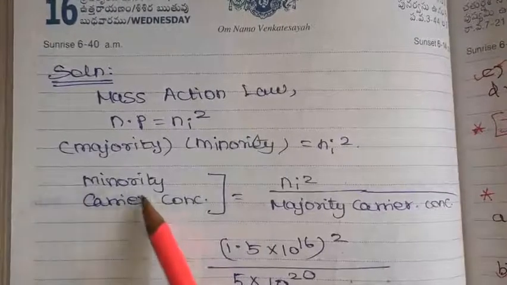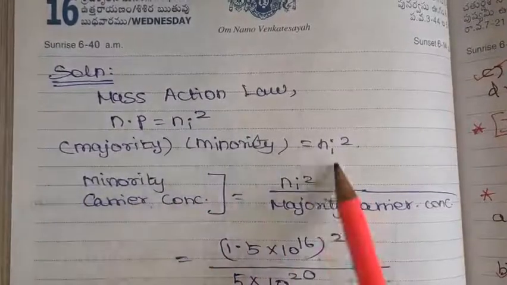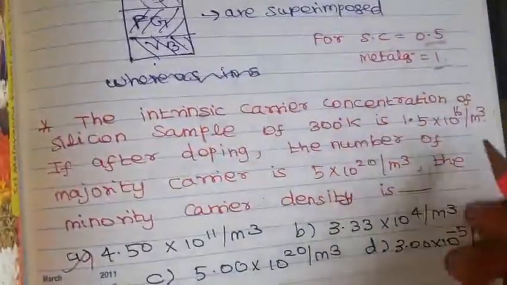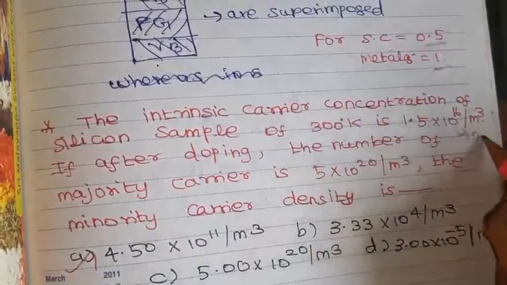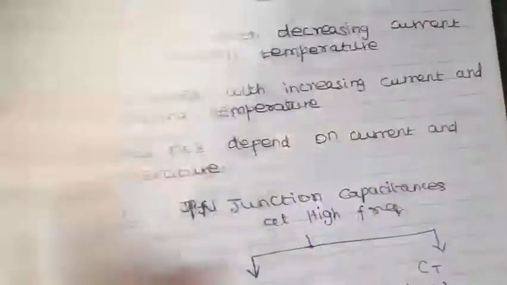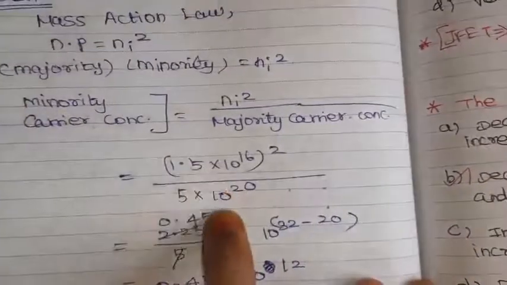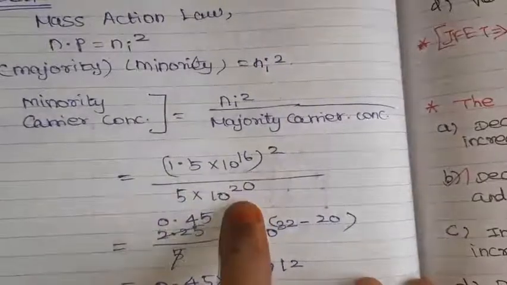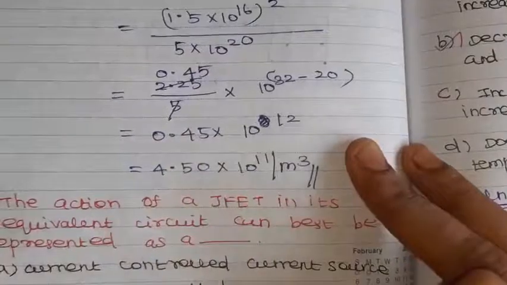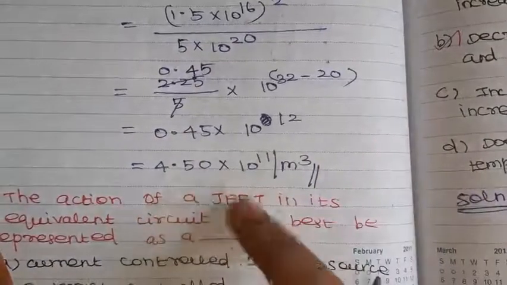To find the minority carrier concentration, it is ni squared divided by the majority carrier concentration. Taking the value of ni, squaring it and dividing by the majority carrier concentration given in the question, we find the minority carrier concentration as 4.50 into 10 power 11 per meter cube.